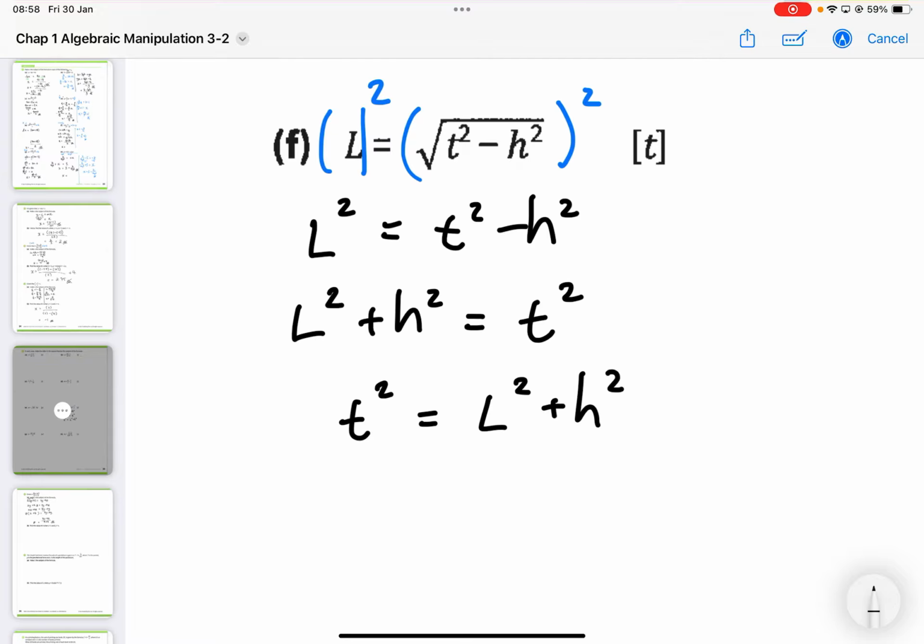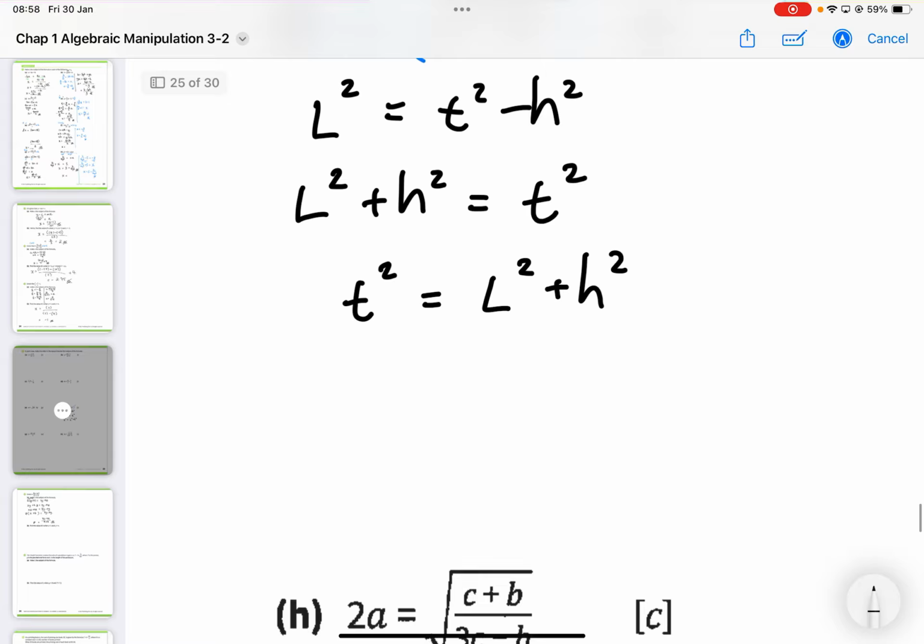Then finally, I want T but I don't want T square. So from T square to T, I need to square root, so that the square root will cancel with the square. So I need to square root both sides.